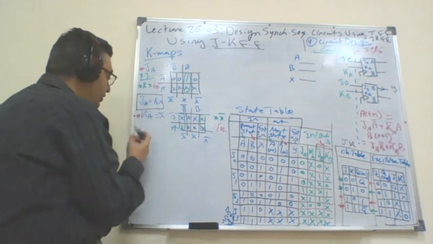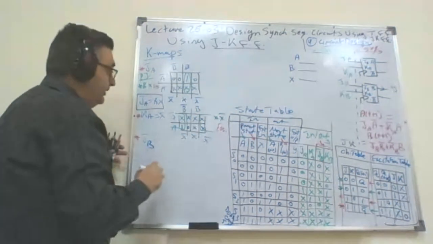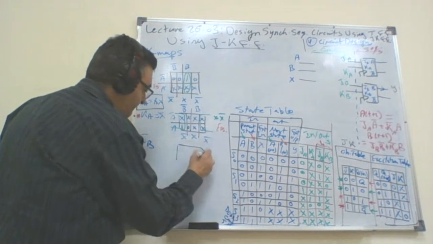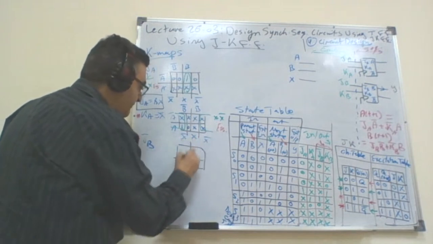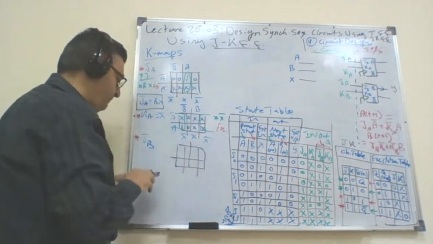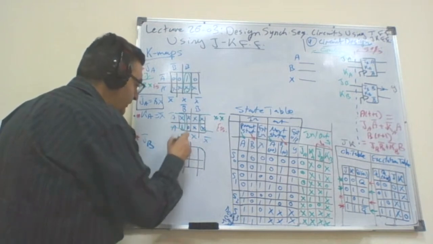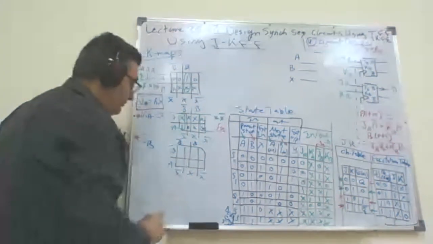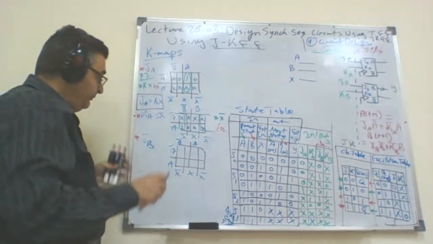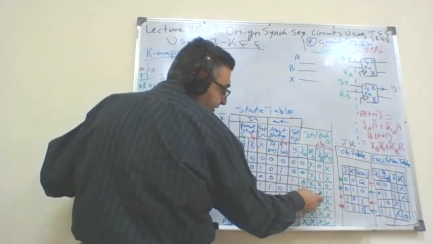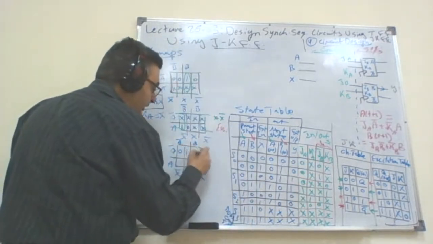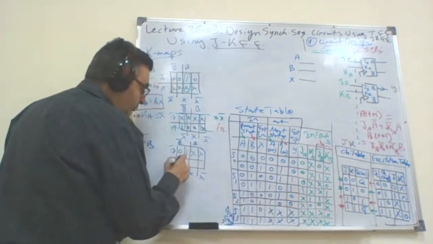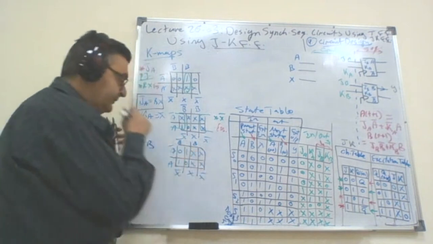We have now JB. For JB, I have a K-map. A bar A, B bar B, X bar X. For JB, I have 0, 1, XX, 0, 1, XX, 0, 1, XX, and 1, 0, XX, 1, 0, XX.